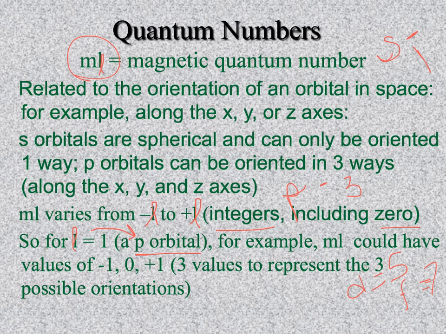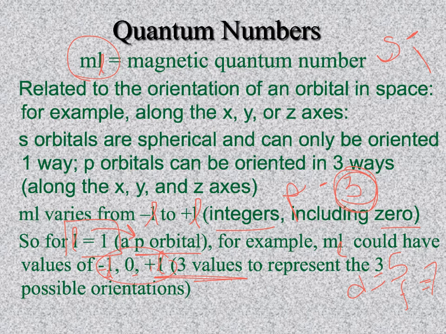And there are 3 p orbitals within a p sublevel. Let's see why. What are the values that m sub L can have if L is 1? M sub L has values of minus L to plus L going through 0. So if L is 1, the values that m sub L can have are minus 1, 0, and plus 1. 3 values representing each of the 3 p orbitals in a p sublevel.